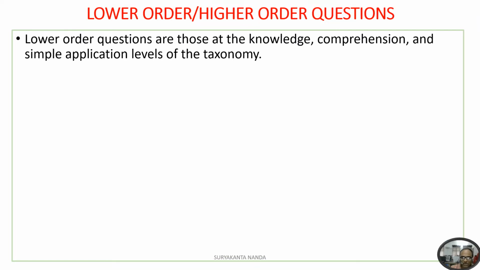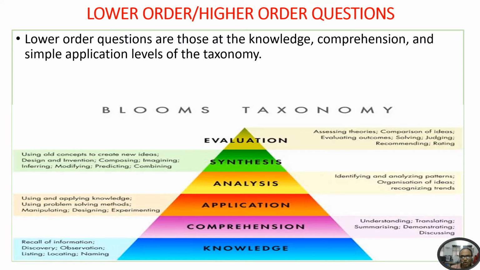Lower order questions are those at the knowledge, comprehension, and simple application levels of the taxonomy. Friends, we all know about Bloom's taxonomy. It has 6 levels: knowledge, comprehension, application, analysis, synthesis, and evaluation. So when we ask questions on knowledge, comprehension, and simple application levels, these questions are called lower order questions.